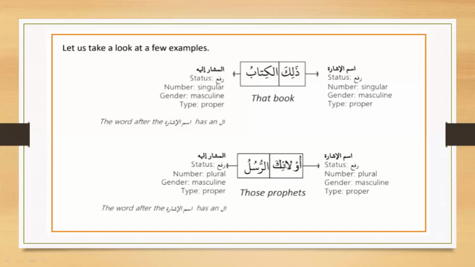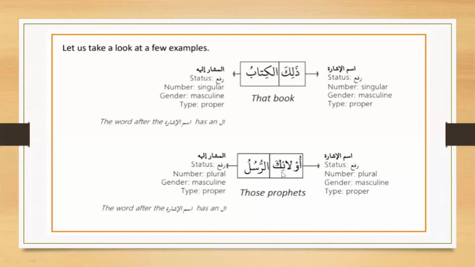Another example, ulaika rusulu. Okay. And ulaika, again, is a separate single word, and because there is nothing acting on it, it's rafa in its original form. And number, we know that it's plural.